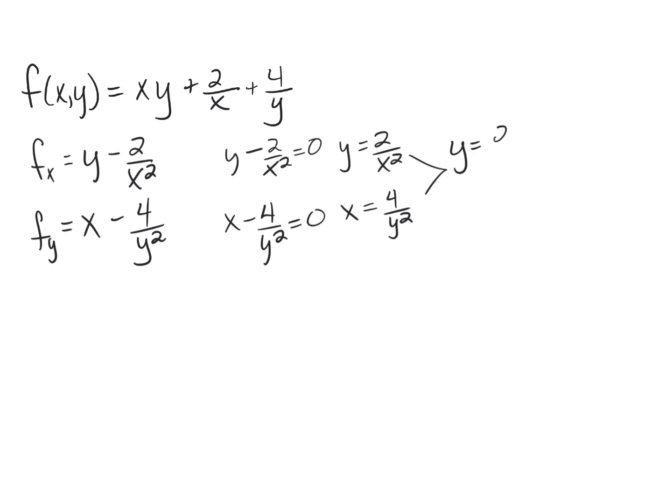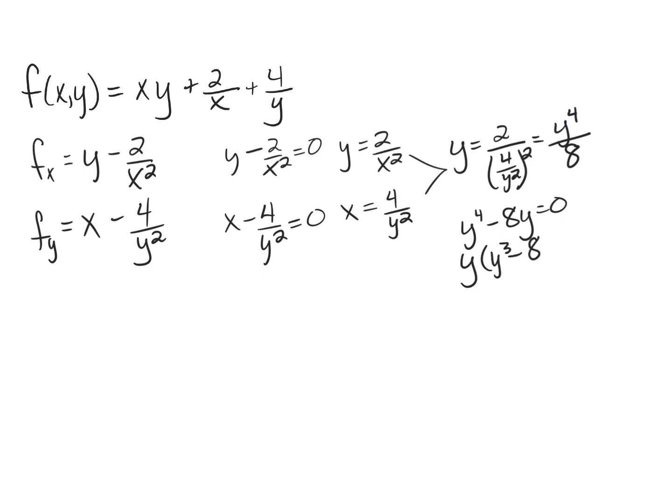So y equals 2 over 4 over y squared, which is going to give me 16 over y to the 4th, but you're going to flip that bottom fraction and multiply. So y to the 4th comes to the top, 16 is on the bottom, cancels the 2, and gives me y equals y to the 4th over 8, or y to the 4th minus 8y equals 0.